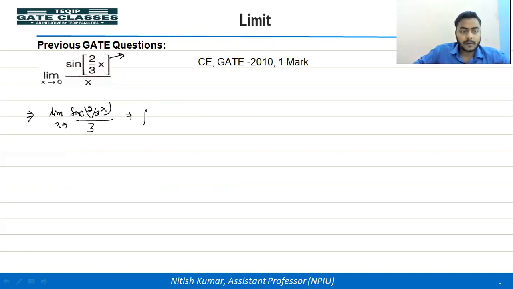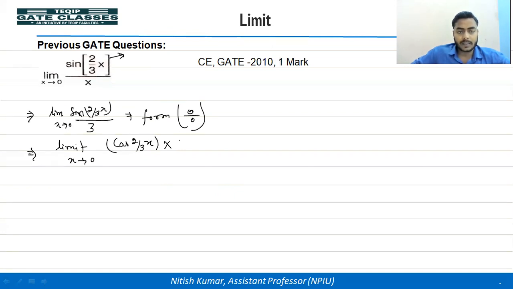What is the form here? 0 by 0. Now we can directly apply the L'Hopital rule, differentiating the numerator and denominator. So cos 2 by 3 x, and by chain rule, 2 by 3 into the derivative of x.